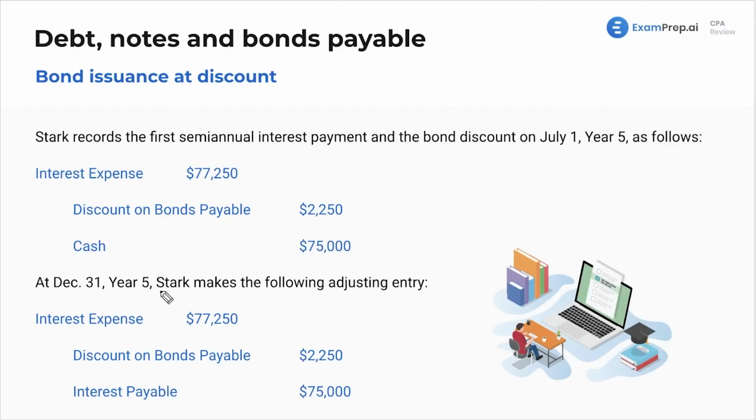And at the end of the year, here's our journal entry here. And the reason why it's interest payable instead of cash is because we pay on January 1st, right? So if it's one day later, sure, it would be this cash amount. But like I was showing you before, interest expense goes up, payable goes up, and then gets paid down. That's the process of the payable versus the interest expense.